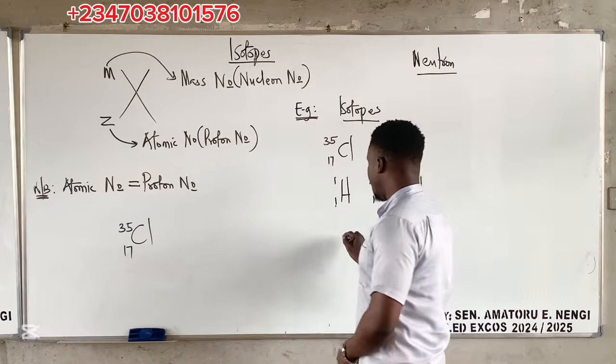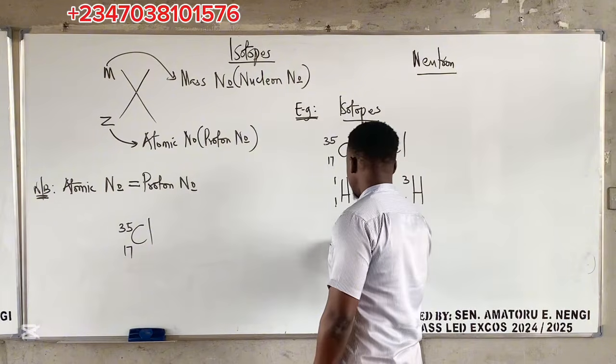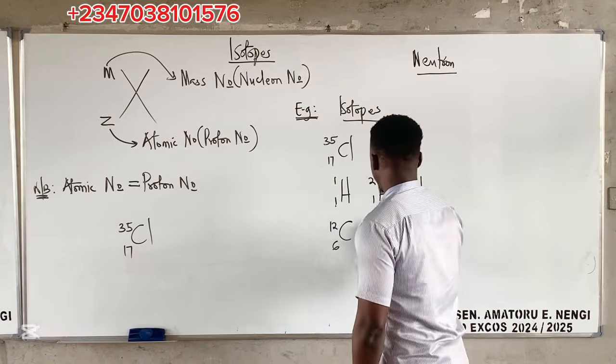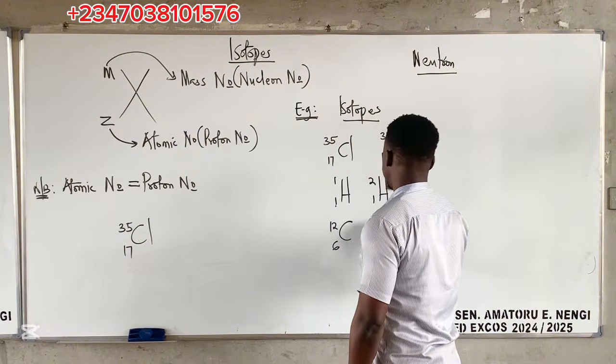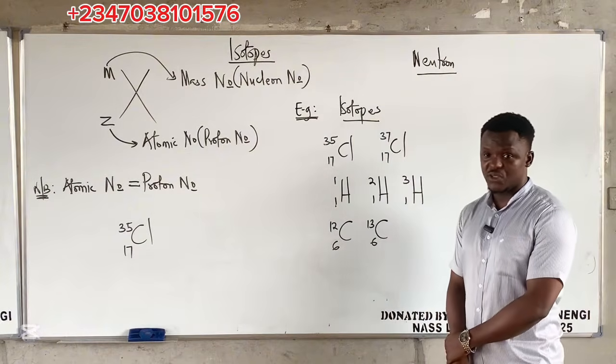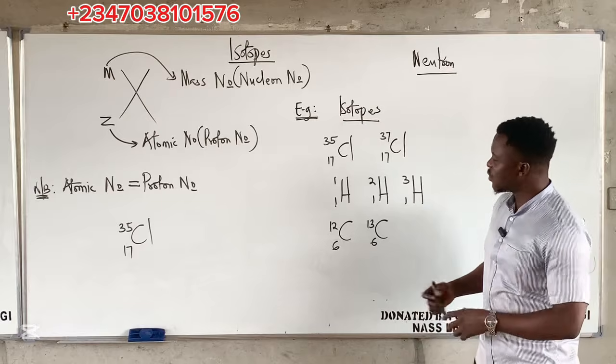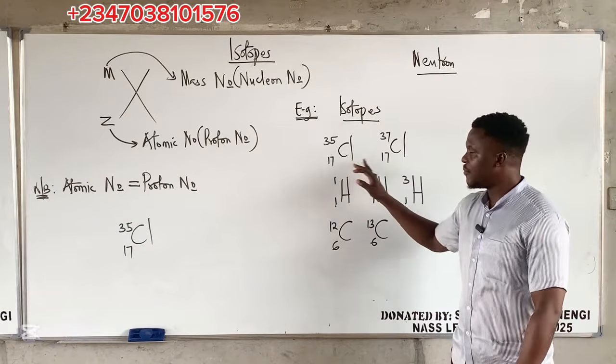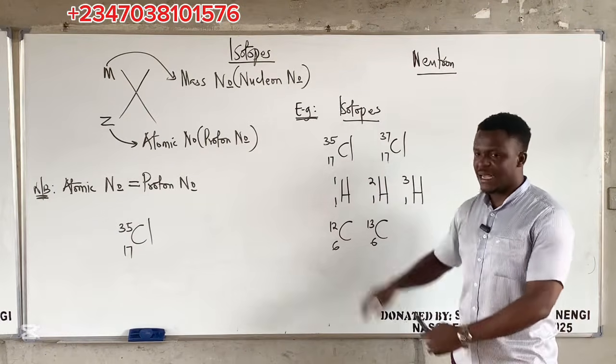We also have carbon, carbon 12. These are the two major ones. Most times you can also have carbon 14, but these are the two major ones. So in other words, isotopes are basically atoms with the same atomic number but different mass number.